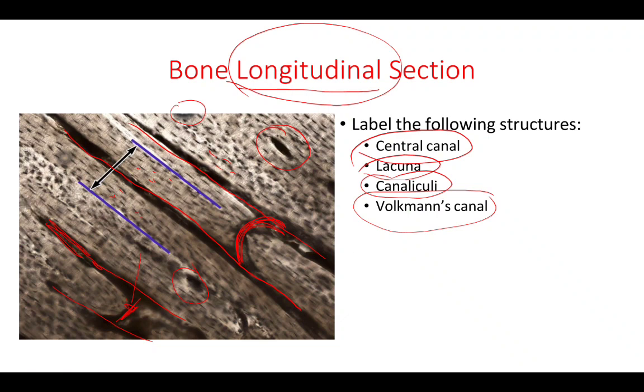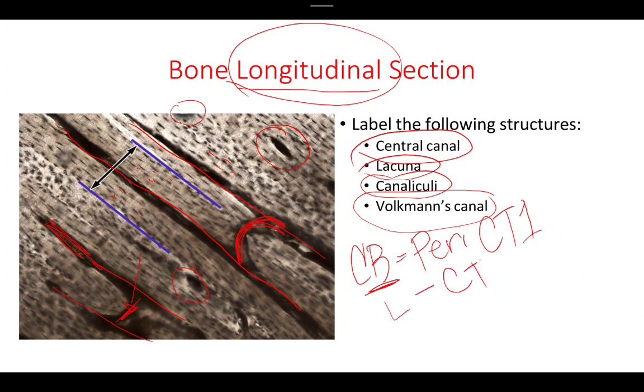So let's have a review. Your compact bone is covered by what we call a periosteum. Anong collagen fiber? Collagen type 1. Your compact bone also has lamella, that is collagen type 1. Bakit collagen type 1? Because it needs to be strong. Ano pang pwede natin malaman sa compact bone?